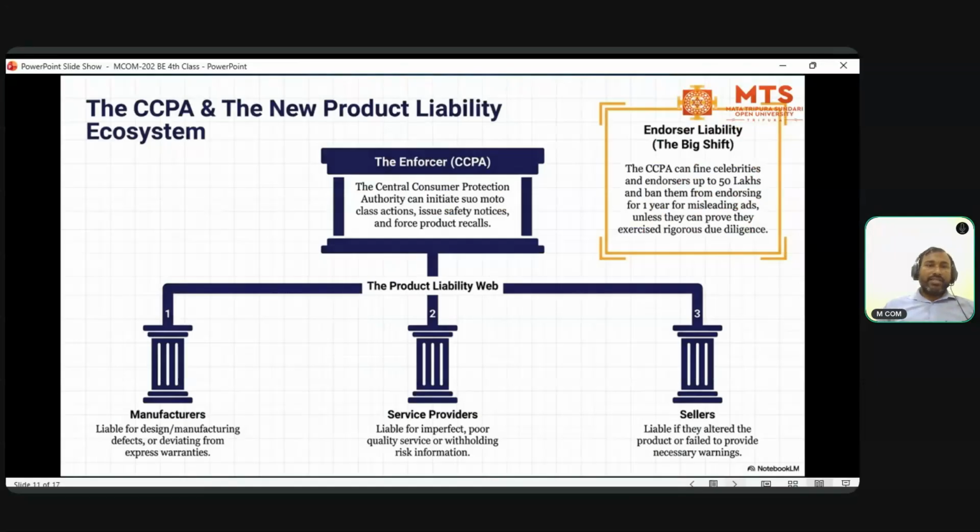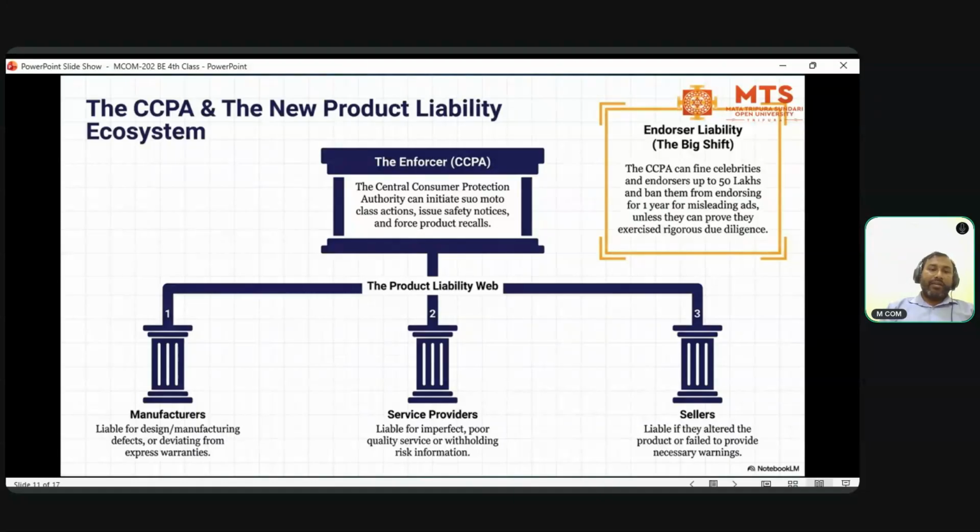So now CCPA, the new product liability ecosystem. The enforcer, the Central Consumer Protection Authority, can initiate suo motu class action, issue safety notices, and force product recalls. The product liability web has three pillars: manufacturers, service providers, and sellers.